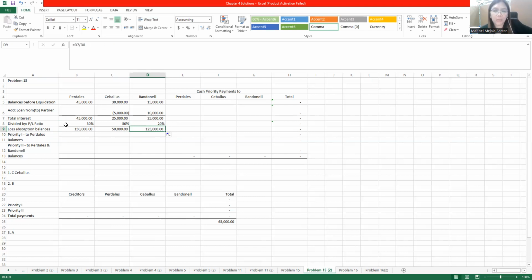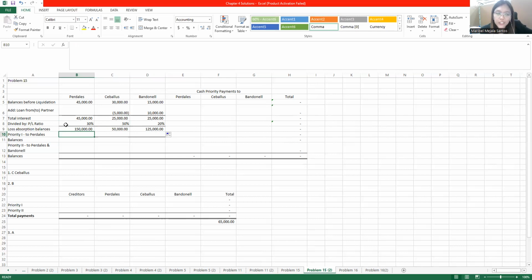Yes, it's always that way. Kasi, the mere fact that you have the highest loss absorption, ibig sabihin, ikaw yung pinaka-less na magkakaroon ng loss. Kasi ikaw yung may pinakamalaki. Now, ibig sabihin nun, up to how much?